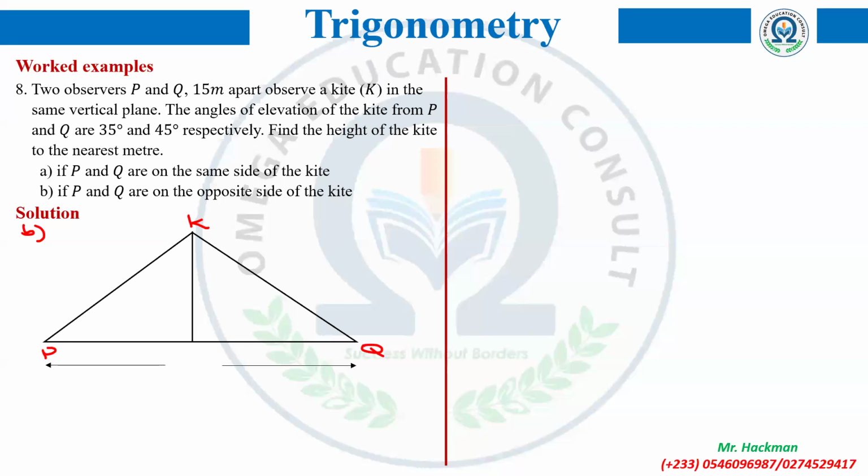Prof. Benjamin: Sir, in the question it is a kite, but why have you drawn this triangle? The kite is an object, and an object will be indicated by a point. If they talk about two observers, P and Q, observers are human beings, but can you see me drawing any human beings here?